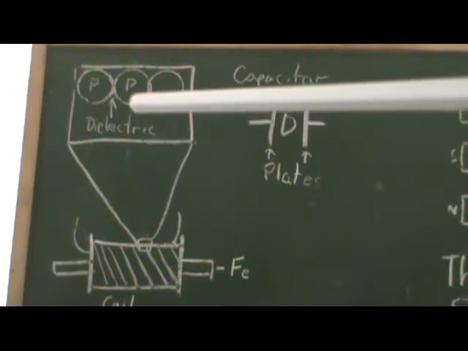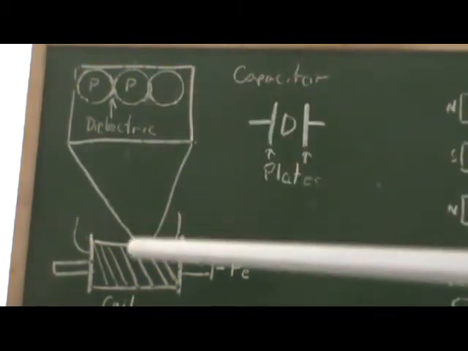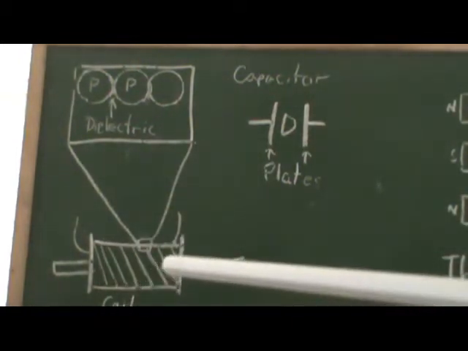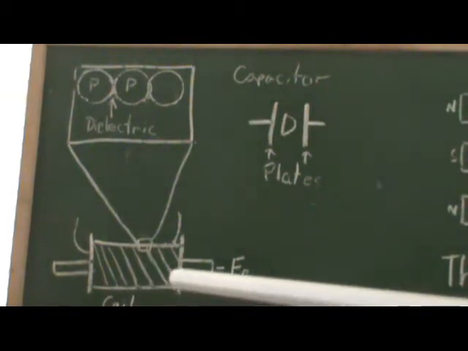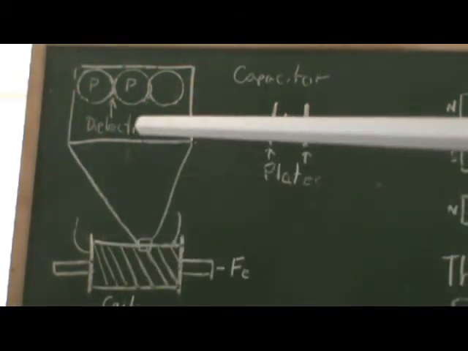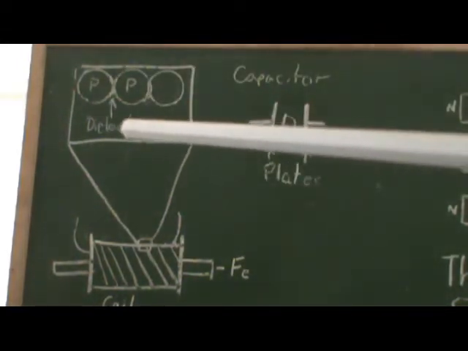What also happens is that this coil develops its own capacitance depending on its makeup, its size, its shape, the size of wire, gauge, length, how many turns.